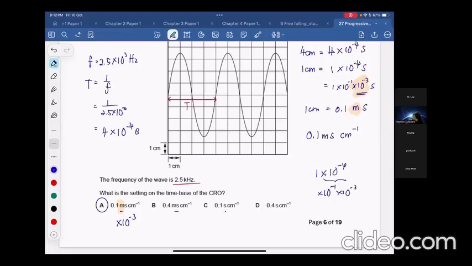This is your mathematics. Okay, so this part becomes milli. Then this part, 1 times 10 power of negative 1, becomes 0.1. So I know that every 1 cm, I need 0.1 millisecond.